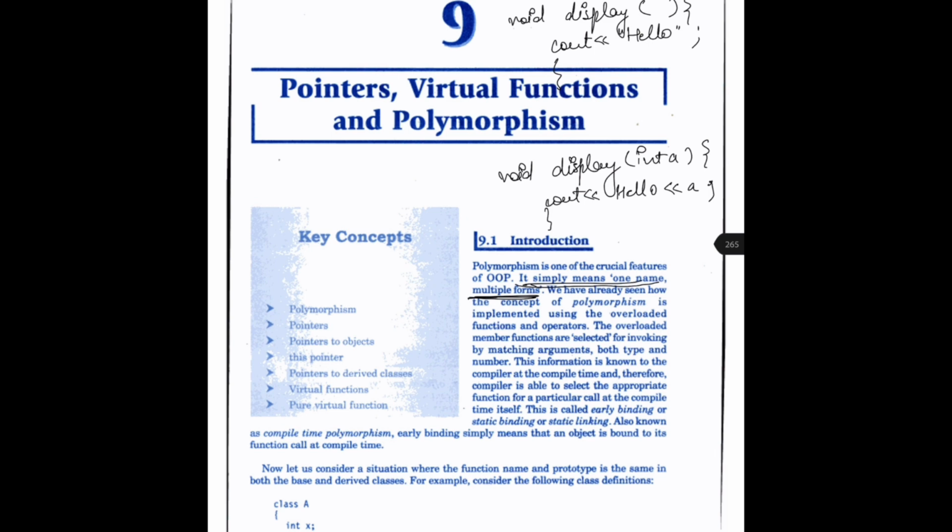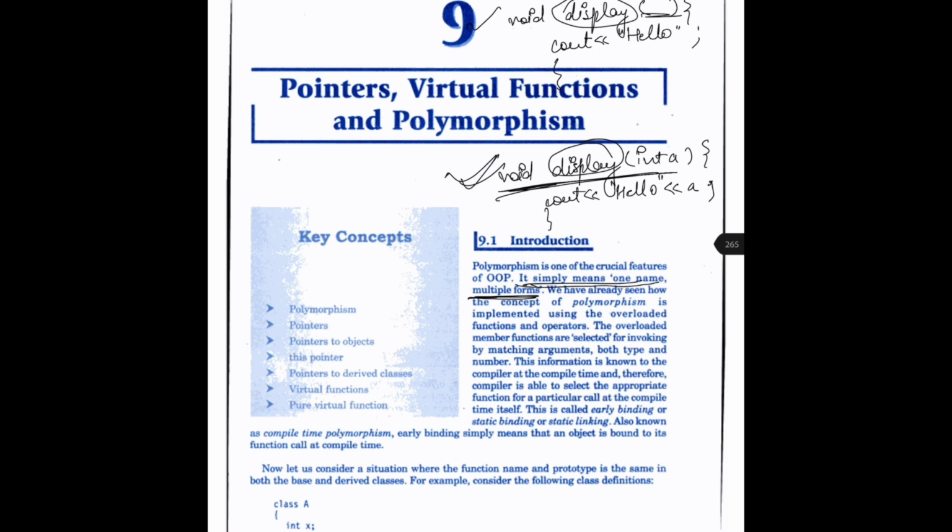Okay, a very simple example I am taking. So here the name of the function is same, still the compiler knows that these two functions are different because their prototype is different. There is some difference in either the return type or the argument list, right?